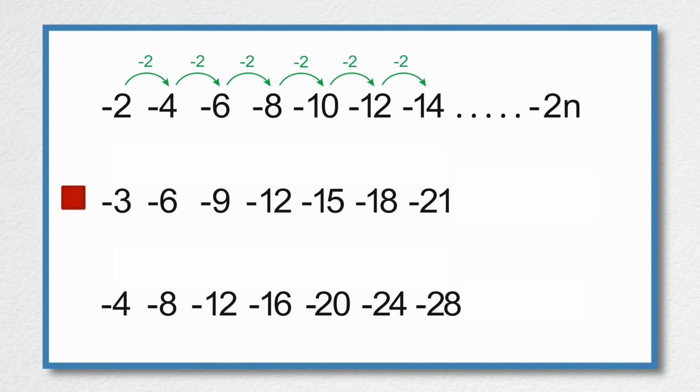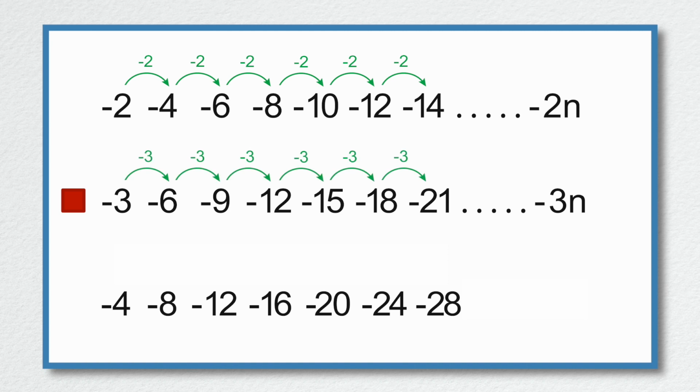Similarly, if we look at the next sequence, we have the 3 times table except all the numbers are negative. So the nth term is going to be -3n. And notice that to get from one term to another, we are subtracting 3. And if we look at this sequence here, we've got -4, -8, -12, -16, -20.